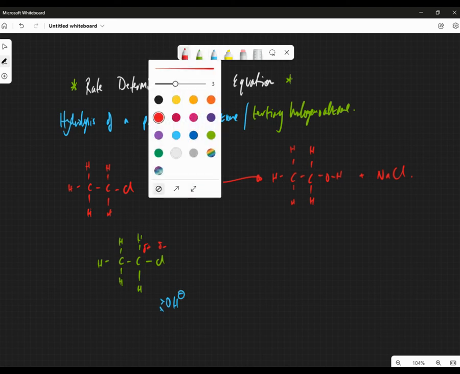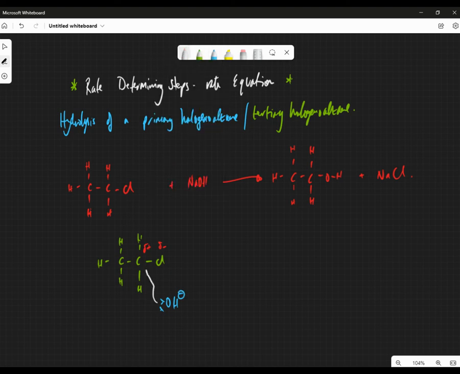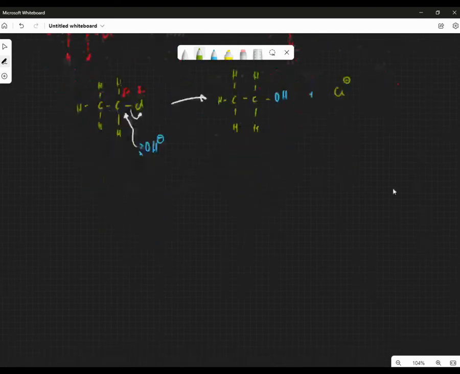It's going to attack this positive carbon, and at the same time these electrons are going to go over here, and we get our product. That was blue. The OH has gone on, and the Cl has come off. This is a nucleophilic substitution reaction that we all know and love.